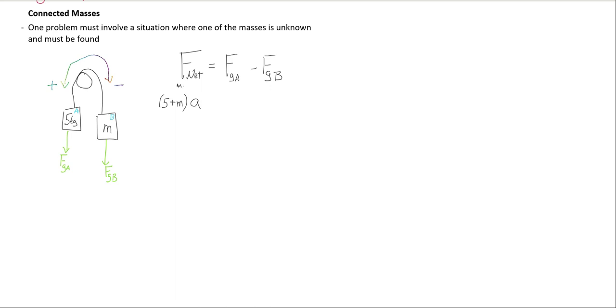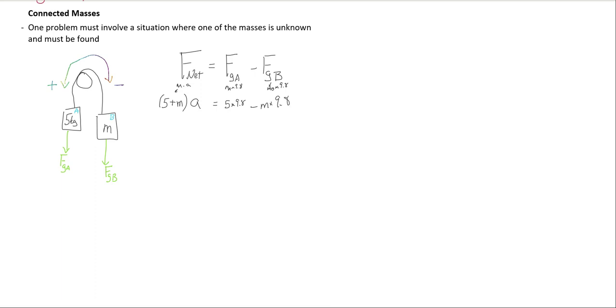This is M times a. It's just the total mass times a. FGA is going to be our mass A times 9.8, or 5 times 9.8. And FGB is going to be mass B times 9.8, or M times 9.8.